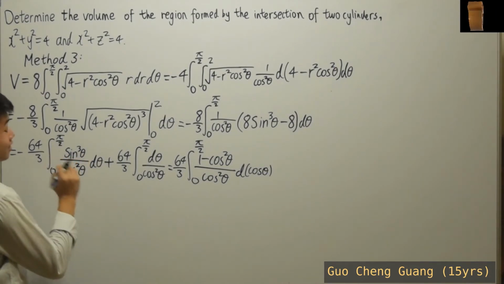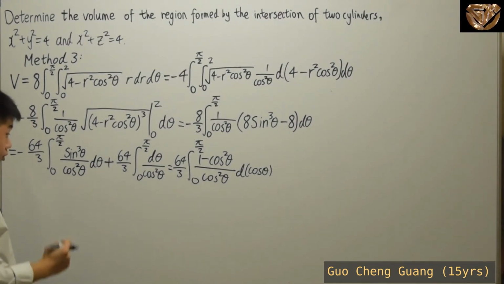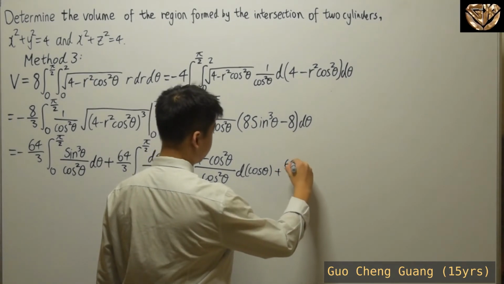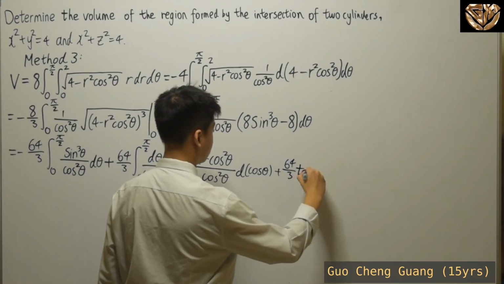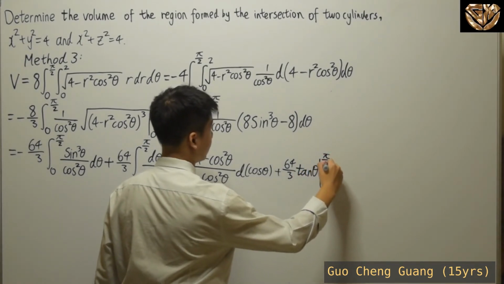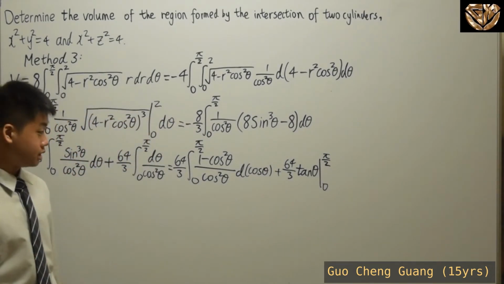So now you look at the second term, where you have a secant square d theta. So if you're familiar with these integration formulae, you will know this is 64 over 3 tangent theta. Then substitute the values of 0 and half pi. Okay, so that is what we see.